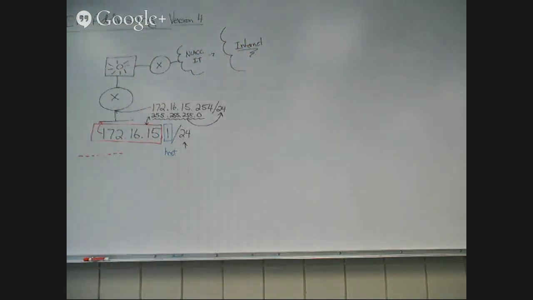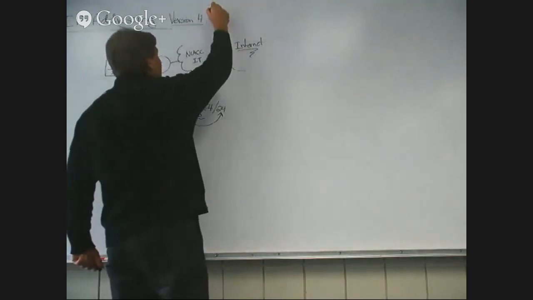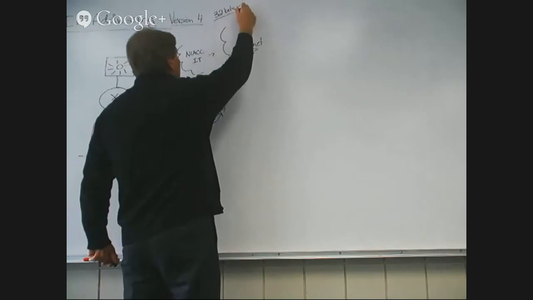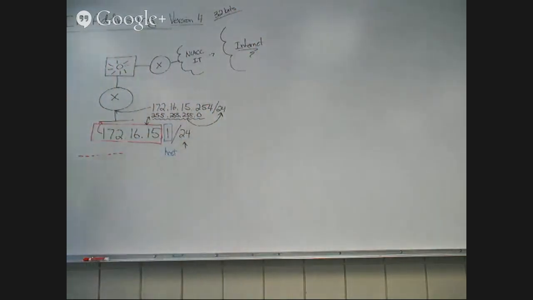Now, what we want to do is understand more about IP version 4 addresses, okay? 32 bits. So what the router really sees, what's really looked at, are the 32 bits and what's represented in those 32 bits.